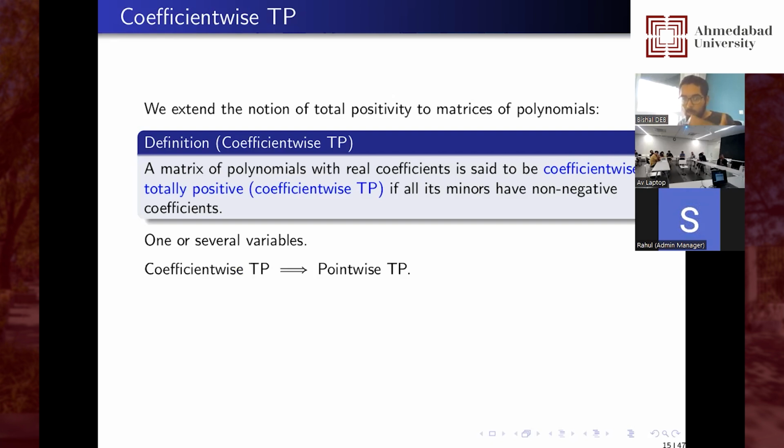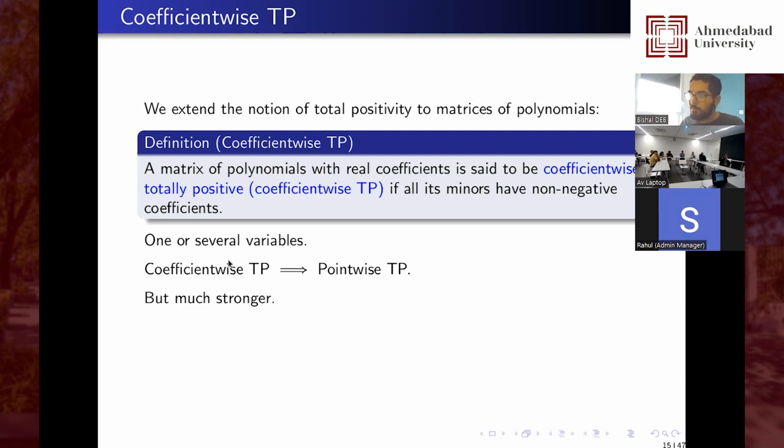Also, coefficient-wise total positivity implies point-wise total positivity. What it means is, if you start with a matrix of polynomials and substitute the variables with non-negative real numbers, then all such substitutions will give you a totally positive matrix in the sense I introduced at the beginning of the talk. However, coefficient-wise total positivity is much stronger.